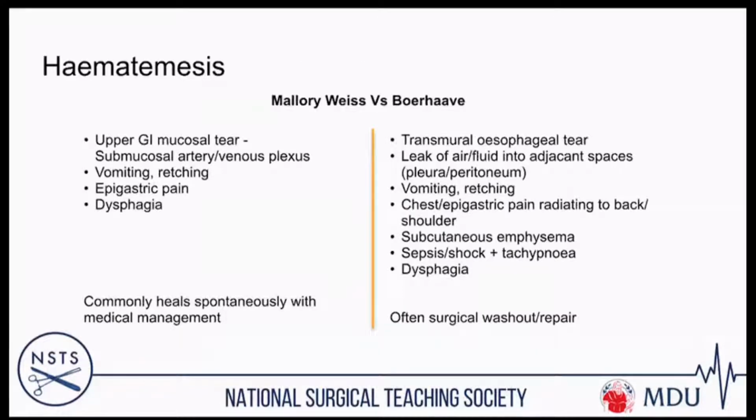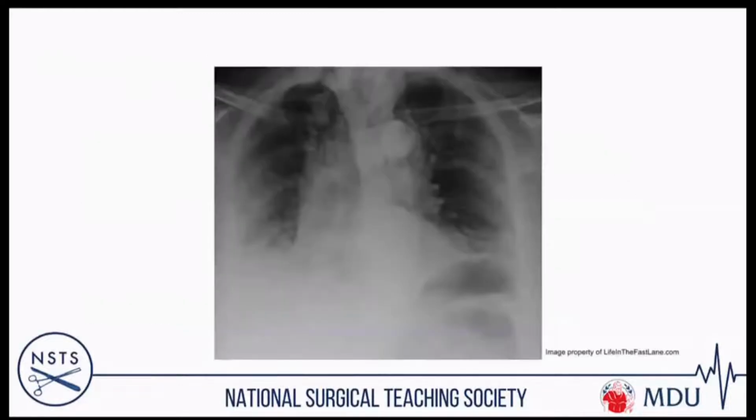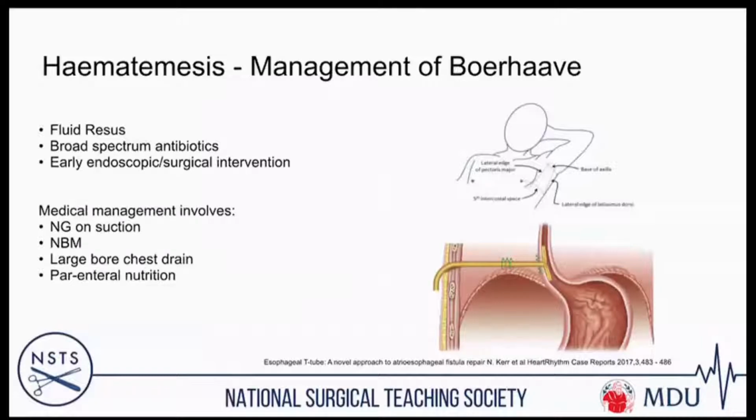They're often pretty shocked and unwell, and again, as you'd expect, have difficulty swallowing. So again, with these patients, don't give them anything to eat: nil by mouth, NG tube to suck anything out of the stomach, and in extremis, you put in something called a T-tube surgically. So that's this thing here, where the T of the tube sits inside the esophagus.